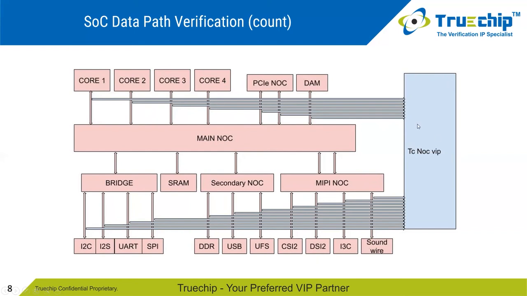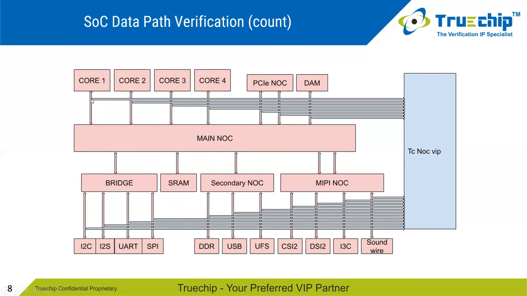This will tell you whether a transaction initiated from core 1 with a particular address and data is reaching the secondary NoC DDR interface properly or not, meaning whether the data integrity is correct or not. So this is the first level of data checking.